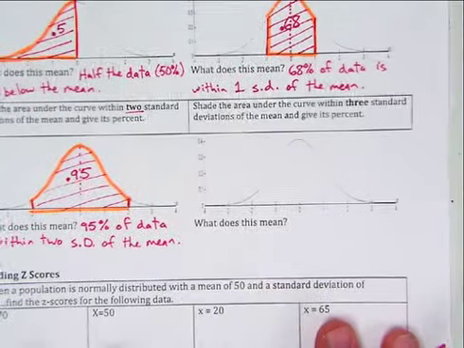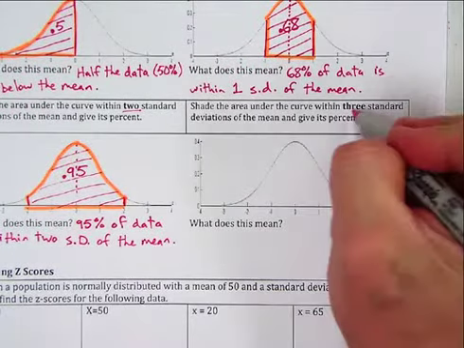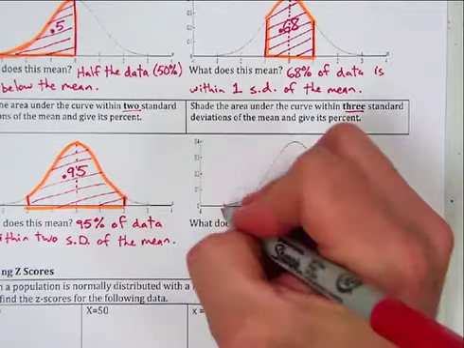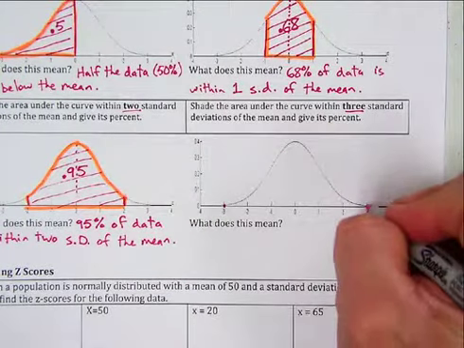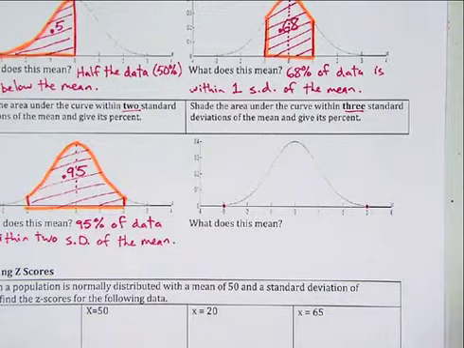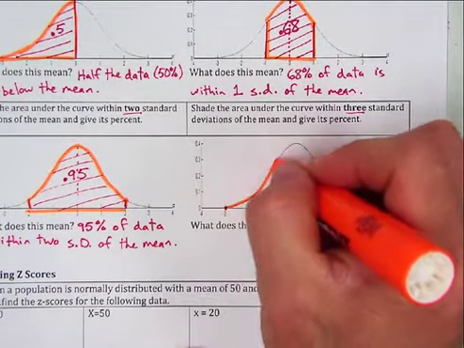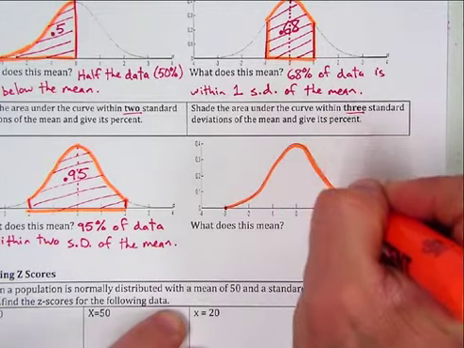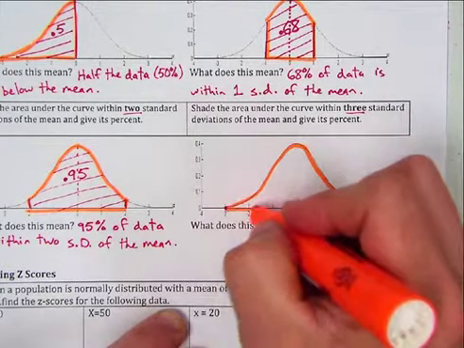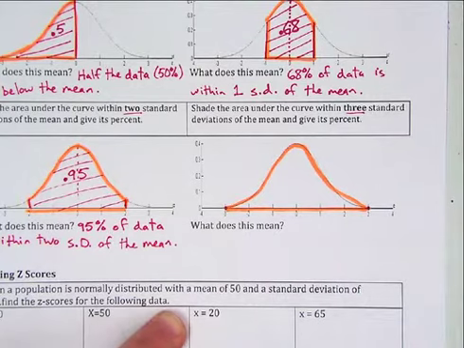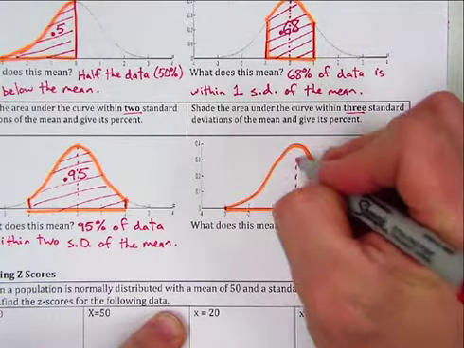Now let's move on. Our next one is going to be within 3 standard deviations of the mean. And you can see here we're almost getting all of the data now. Here's our mean.